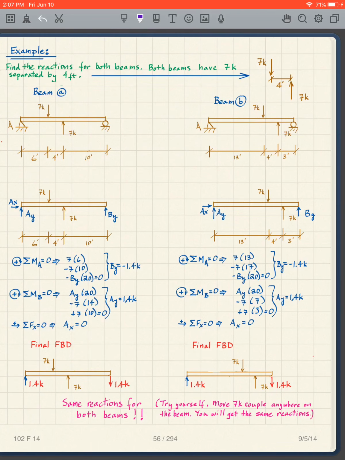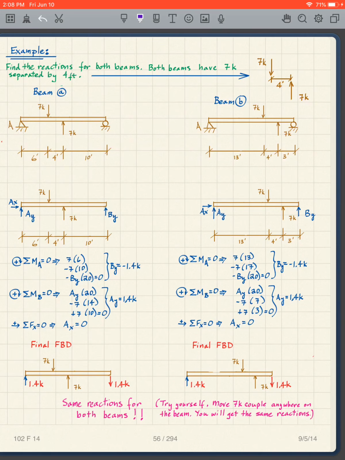But both beams have the same dimensions. This adds up to 20 feet. All we've done is we've shifted this force, what we call a force couple, over into a different location. So I want to find the reactions for beam A and the reactions for beam B.